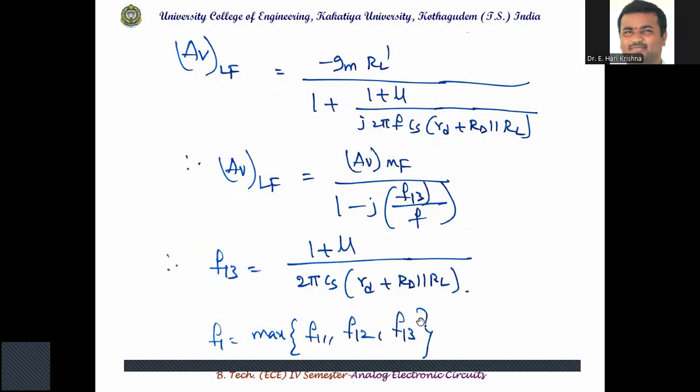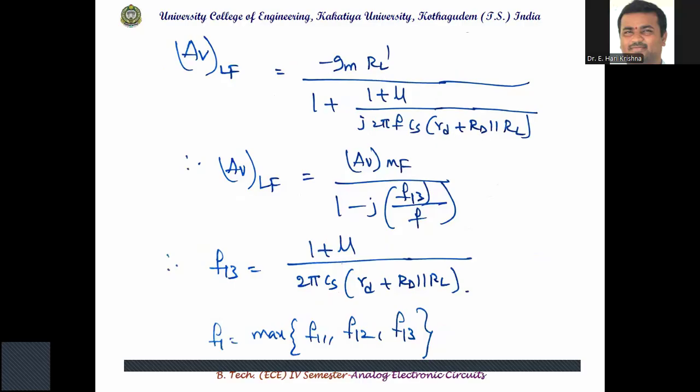So comparing it with the standard equations, this is AVMF and f13 is 1 plus mu divided by 2 pi CS into rd plus RD parallel RL.